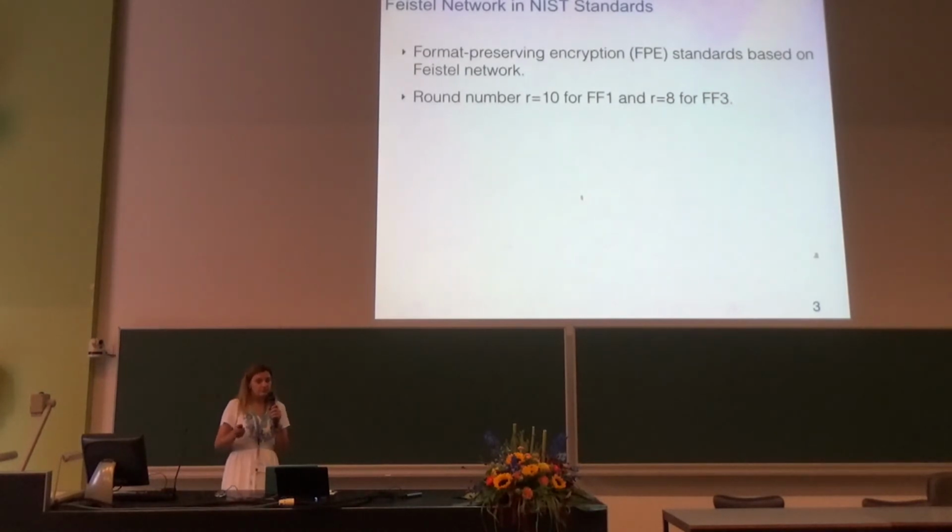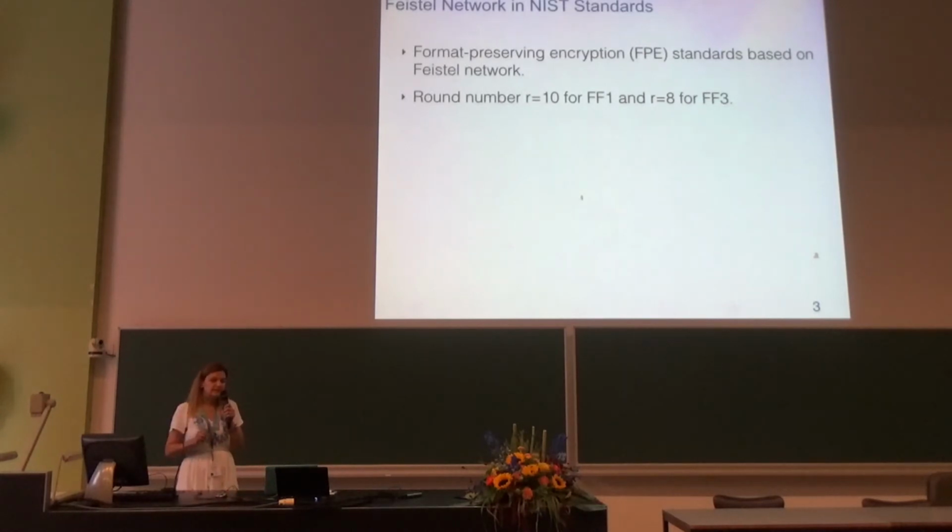So not to be confused, format preserving encryption is a completely different primitive, but it's based on Feistel networks. The difference between FF1 and FF3 is not only the round numbers, but also how the inputs are picked or how the key schedule is generated.